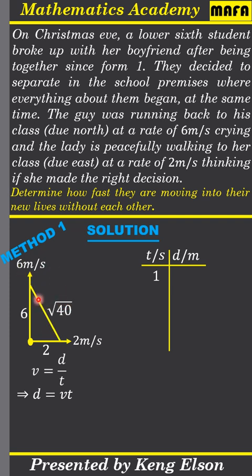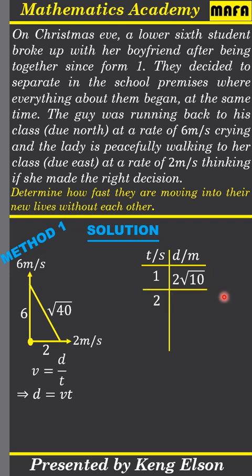Now the distance separating them is just the hypotenuse of this right angle triangle, that is the square root of 6 squared plus 2 squared. 36 plus 4 is 40, so it's the square root of 40. Simplifying, we are going to have 2 root 10, because it is root 4 times root 10, and root 4 is equal to 2.